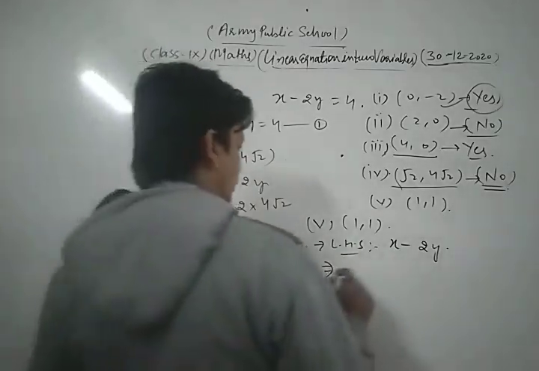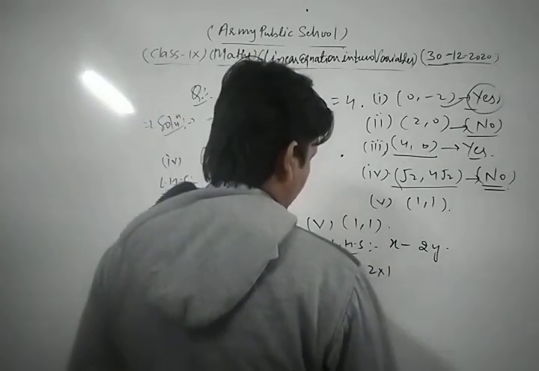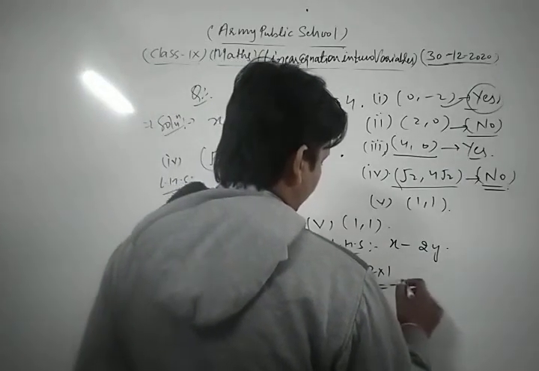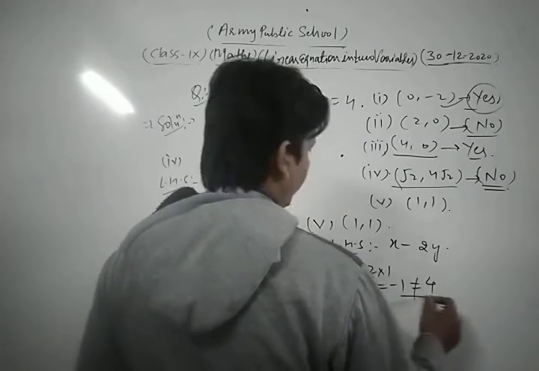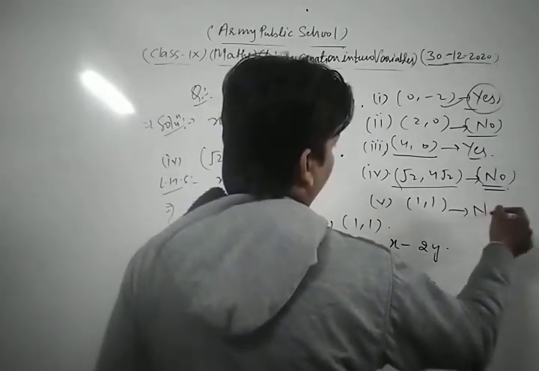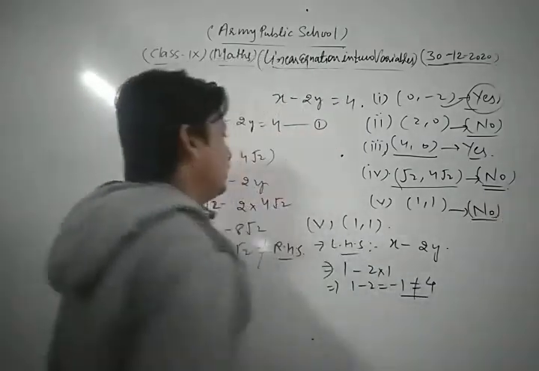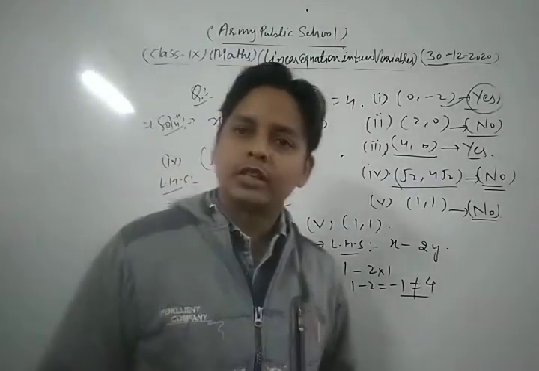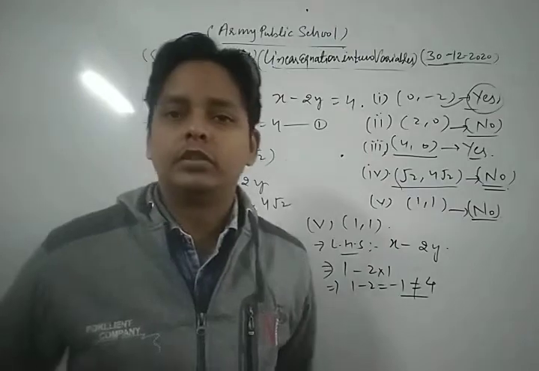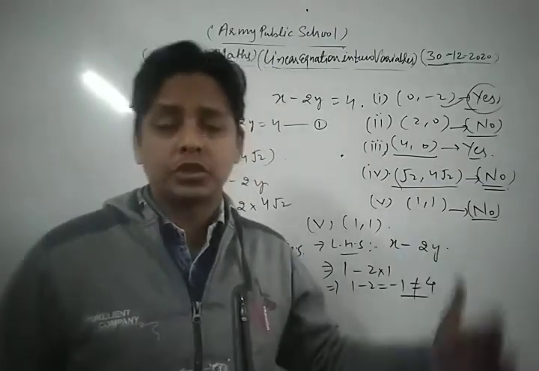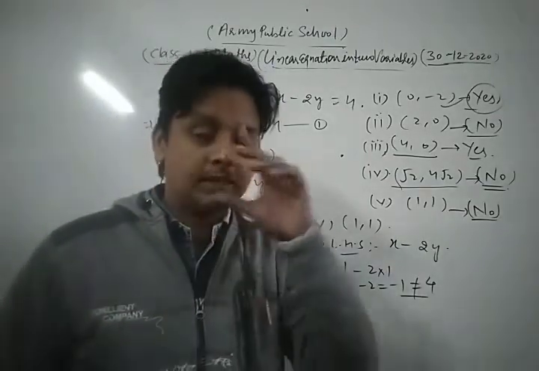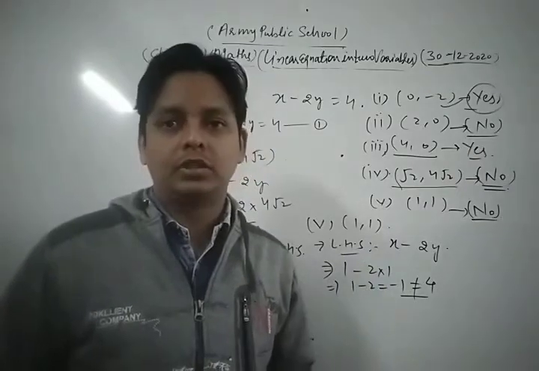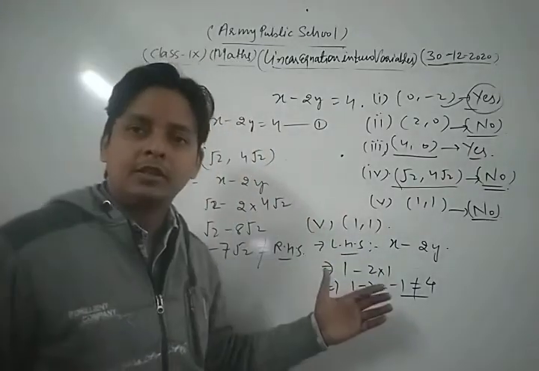So we get 1 minus 2 into 1, that is 1 minus 2, that is minus 1, which is not equal to 4. So this is not a solution of the given equation. Okay, so dear students, in this way you check which of the following pairs of values are a solution of the given equation or not a solution of the given equation. So this is the process to check it.